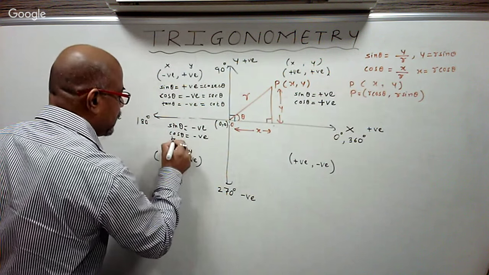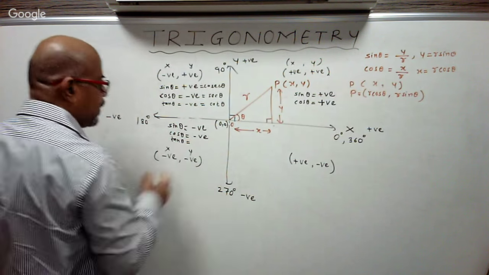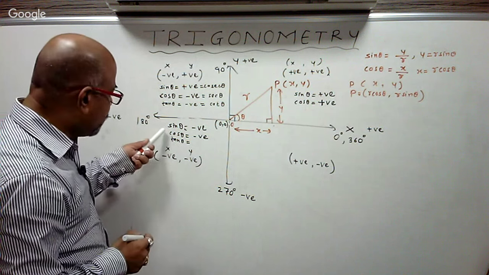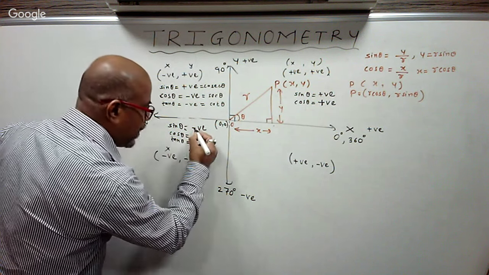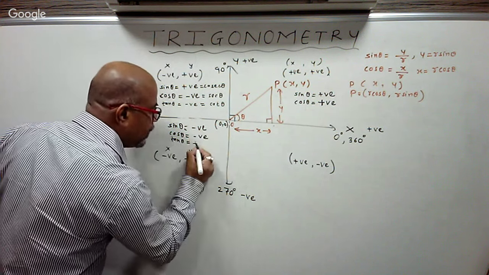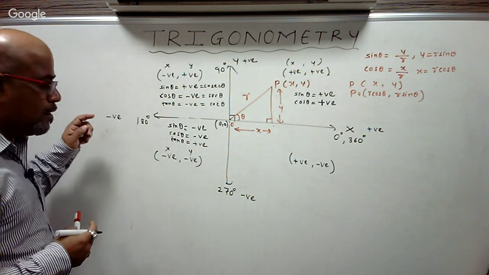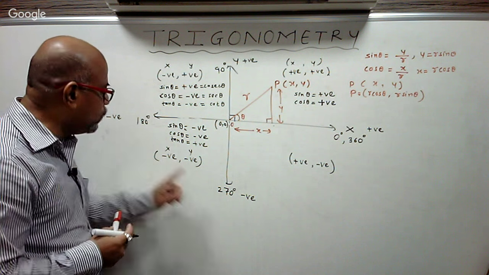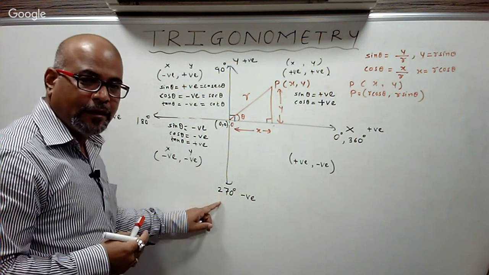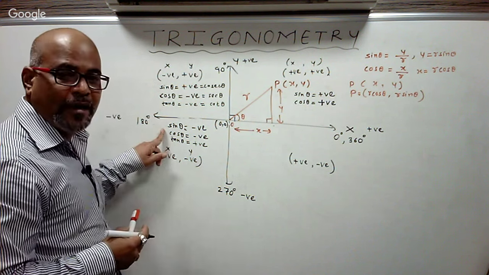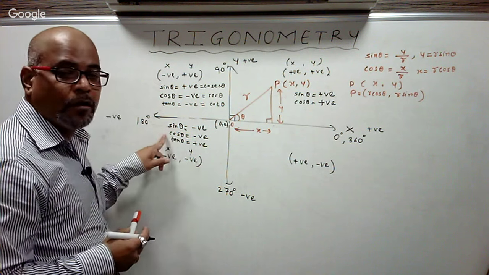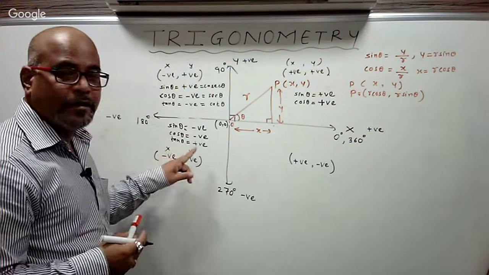Same way, let us check tan theta. Tan is sine upon cos. Here minus minus gets cancelled, so tan theta is always positive. That means for any angle between 180 to 270 degrees, the trigonometric ratio for sine is negative, cos is negative, and tan is positive.